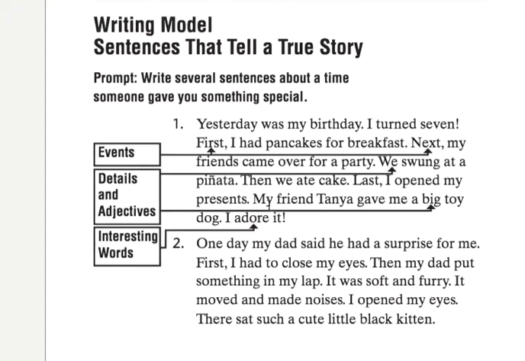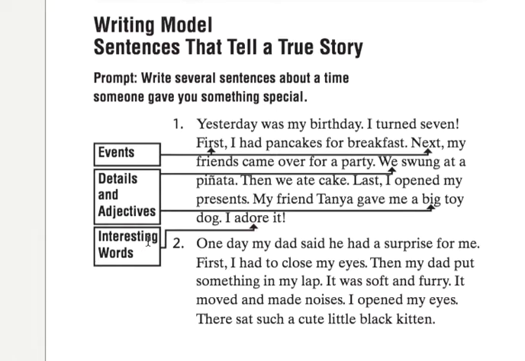Last, I opened my presents. My friend Tanya gave me a big toy dog. So the word big right here would be the adjective because it's describing the toy dog. So you could describe the toy dog. Is the toy dog big? Is the toy dog small? So they use the word big.